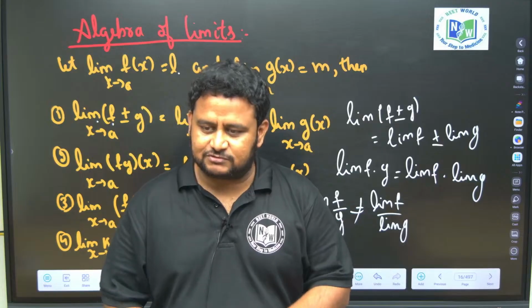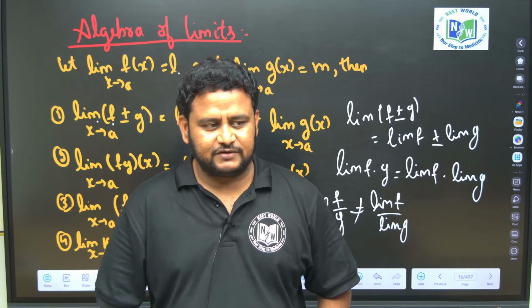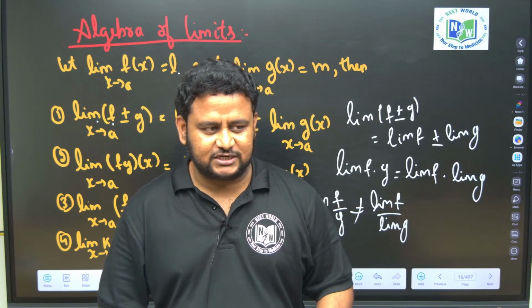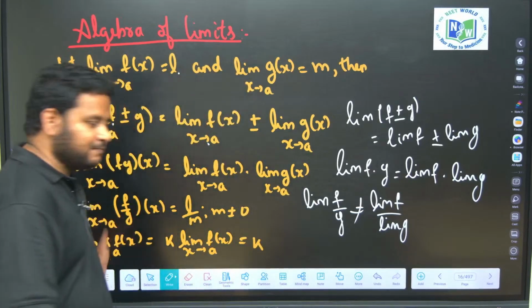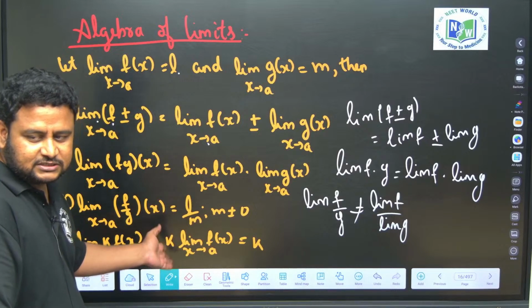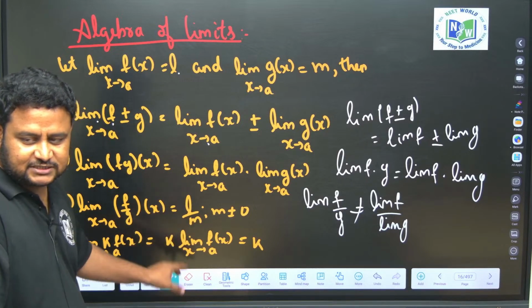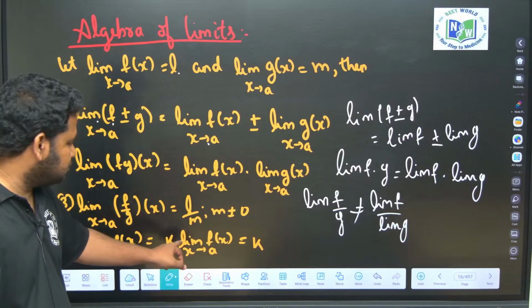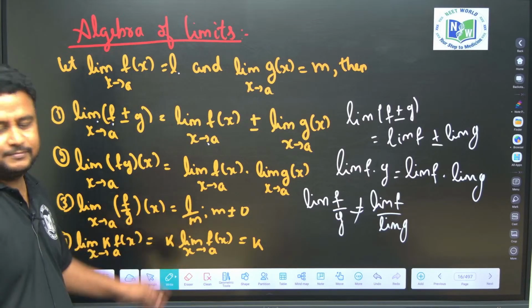That constant in physics we call a scalar multiple. They will ask us to find that scalar multiple, or that constant. This is called k, so k will come out.